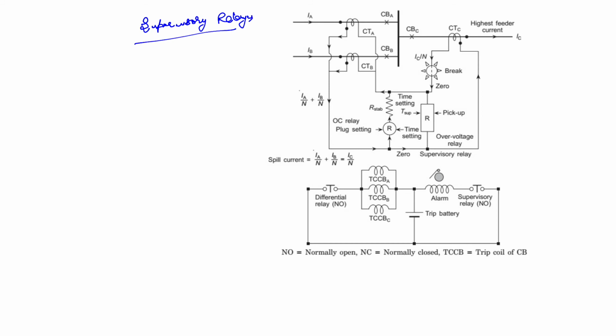At other times there may be a break in the pilot wire coming from the particular CT secondary winding. Thus, even though there may be no internal fault in the bus bar, an imbalance is created on the secondary side, causing a spill current equal to the current that was being contributed by that CT before its secondary got open circuited.